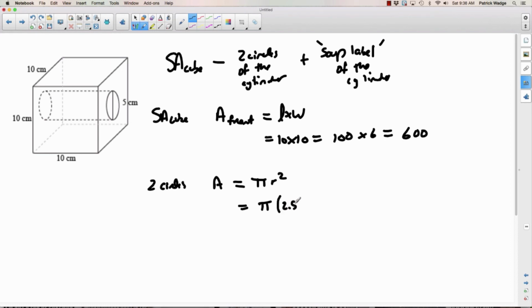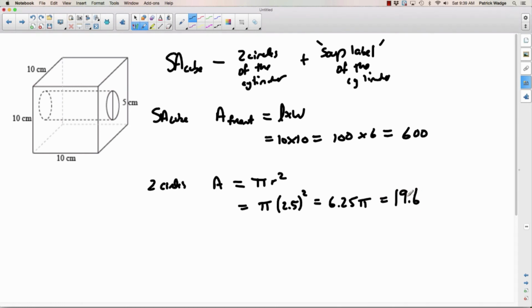Ew, decimal. So remember, you're going to square first. 2.5 squared is 6.25, and then you're going to multiply by pi. You could leave it like that, but I'm going to actually multiply it by the 3.14, or use my pi button. And I get 19.6 when I do that.